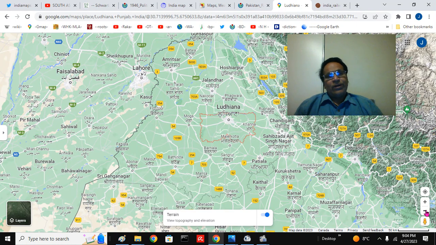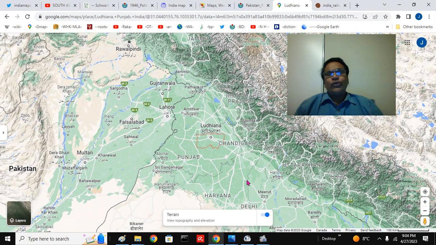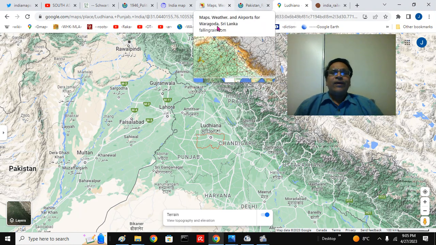Even though the Sikhs were leaderless, they still gave a very tough battle. If Ranjit Singh had survived, they should not have been able to conquer the kingdom, and there should not have been any partition. If Ranjit Singh had survived even 5, 6, or 10 more years, these things should not have happened anyway.